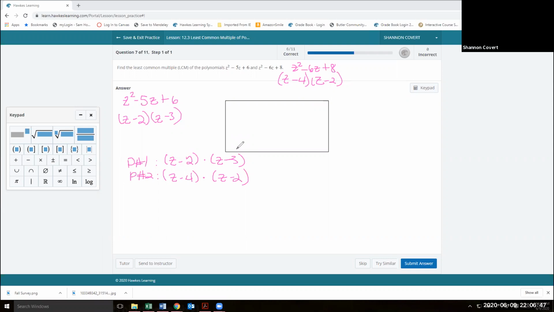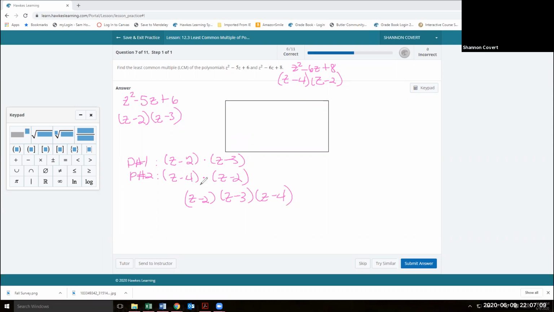There are three different factors here. I have a z minus 2 in common for both of them, but remember we still use that factor the most number of times it happens. Well, it only happens once on each one. So z minus 2 is one of my factors, z minus 3 is my other factor, and z minus 4 is my third factor.